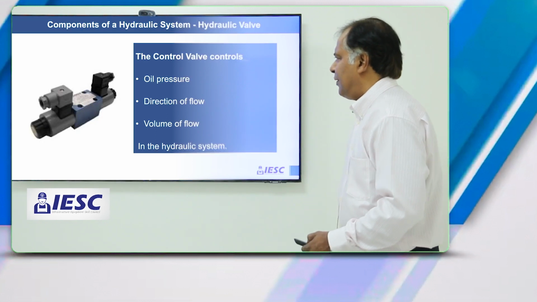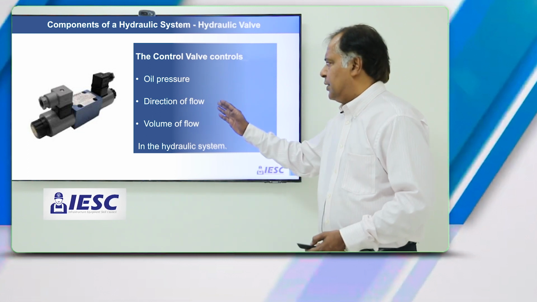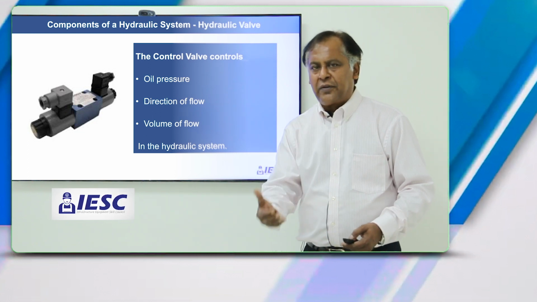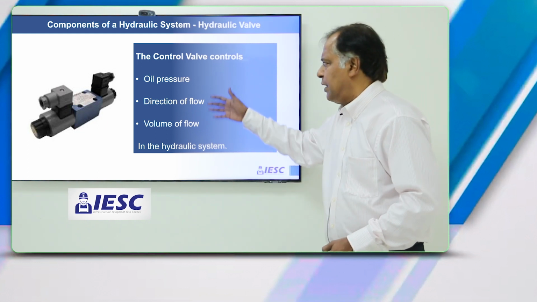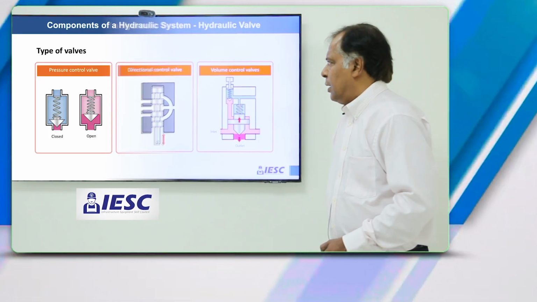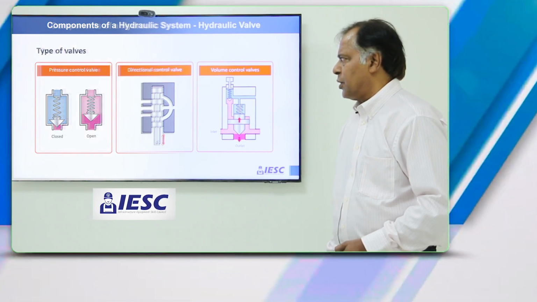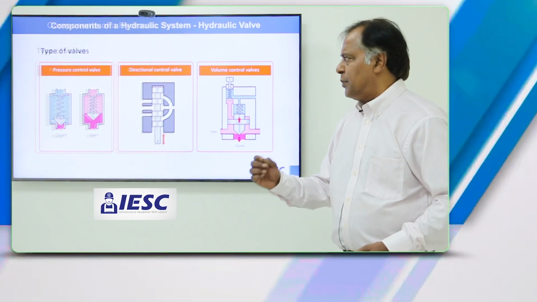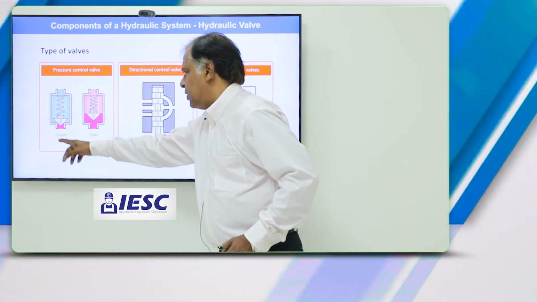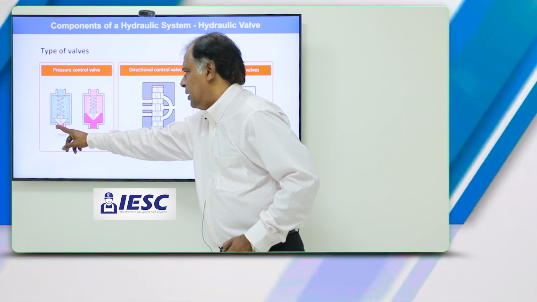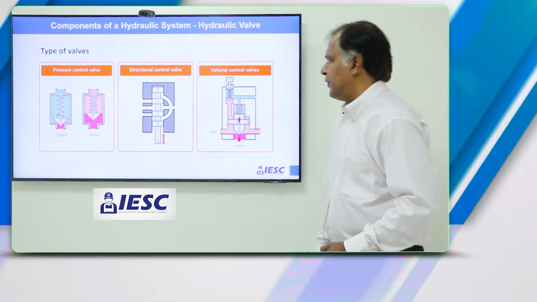The control valve basically controls oil pressure, the direction of flow and the volume of the flow in the hydraulic system. So it plays a very critical part in these three functions. And there are three types of valves. The pressure control valve operates under a simple principle where you have a poppet which is spring loaded at a certain pressure, and this is the closed condition, and when this pressure is reached, it opens out and allows the pressure to be relieved.